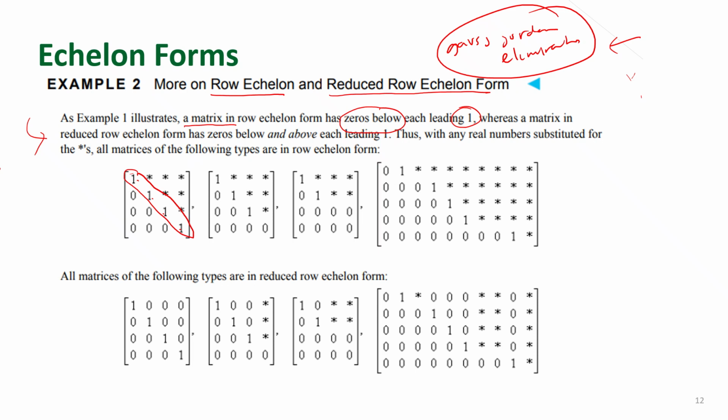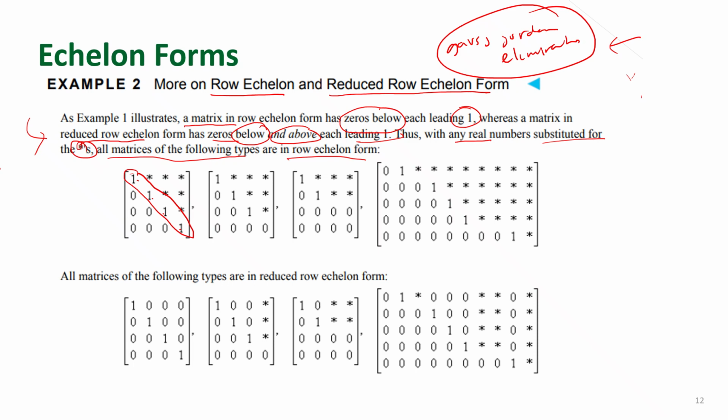Whereas reduced row echelon form has 0 above as well as below the leading one, or the diagonals that equal 1. Thus, any real numbers substituted for the stars here will be considered row echelon form.